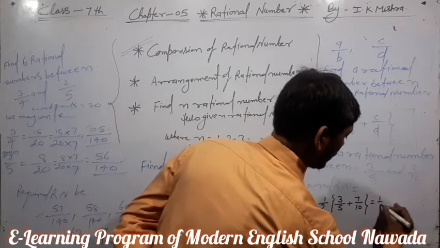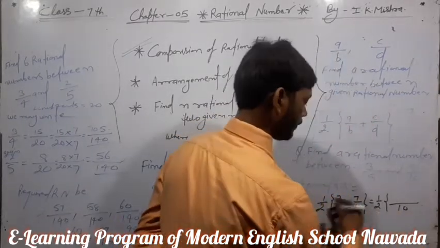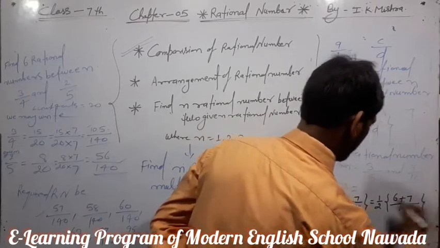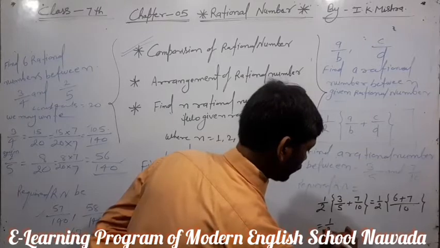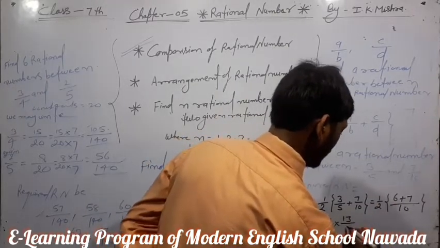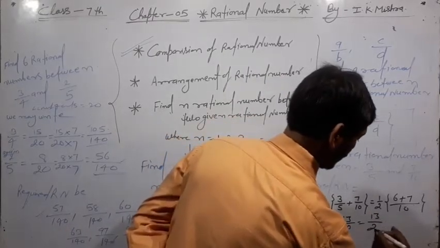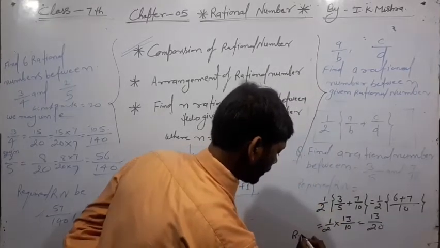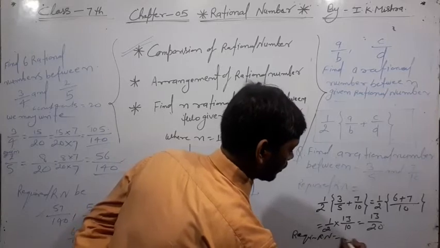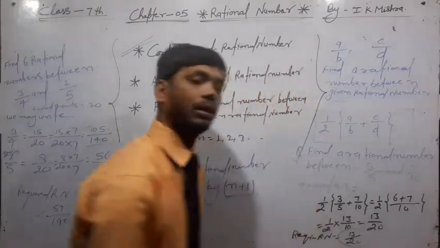If you add, the LCM is 10, and this is 6 plus 7, that means 1 by 2 into 13 by 10, and when you multiply, 13 by 20. So the required rational number is 13 by 20.